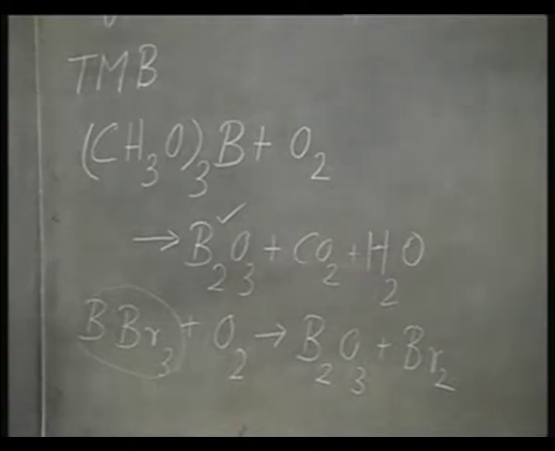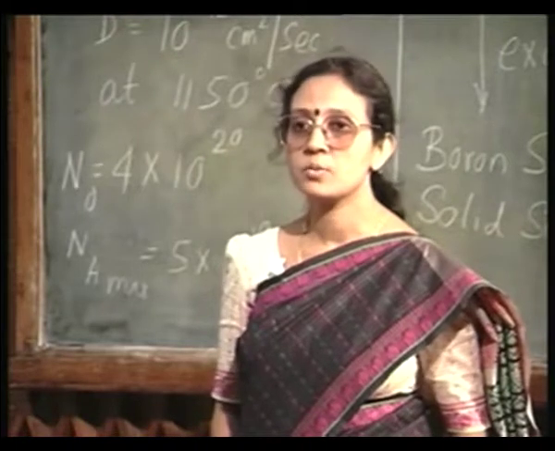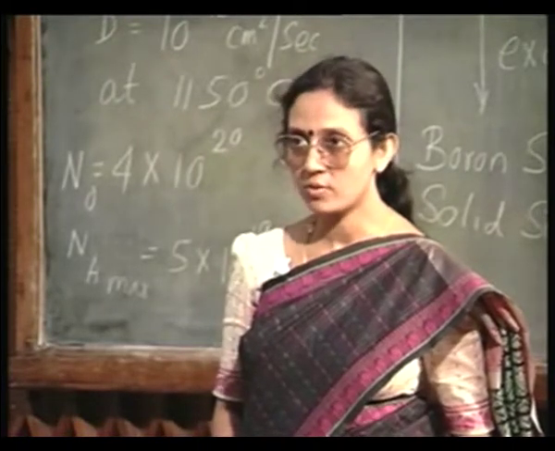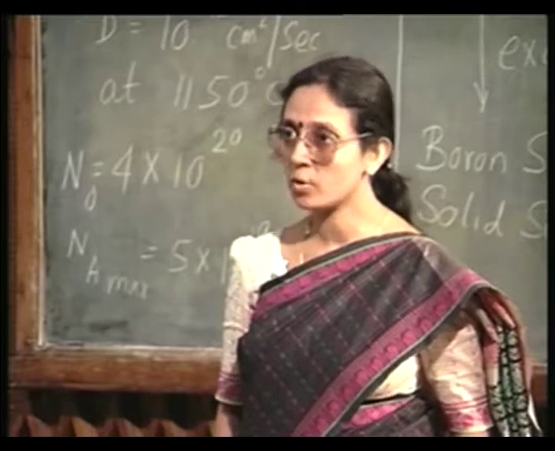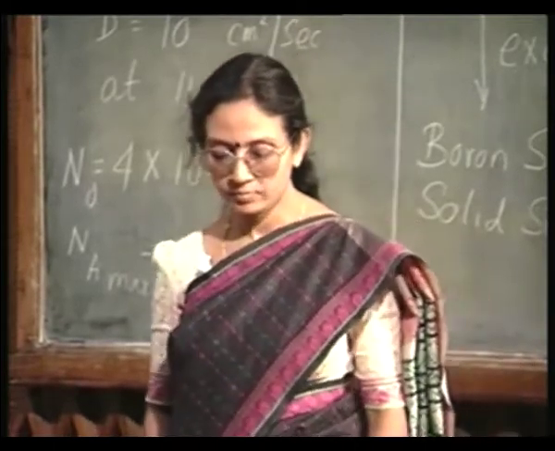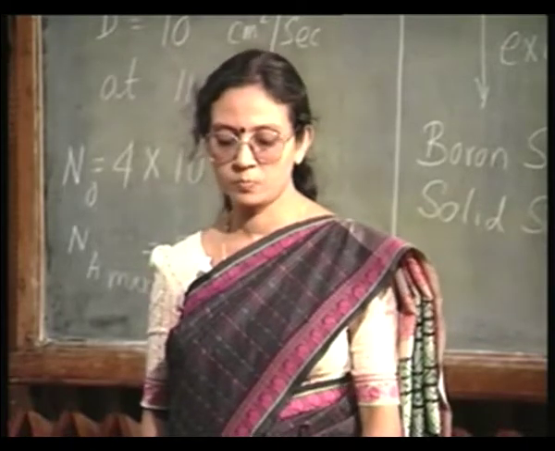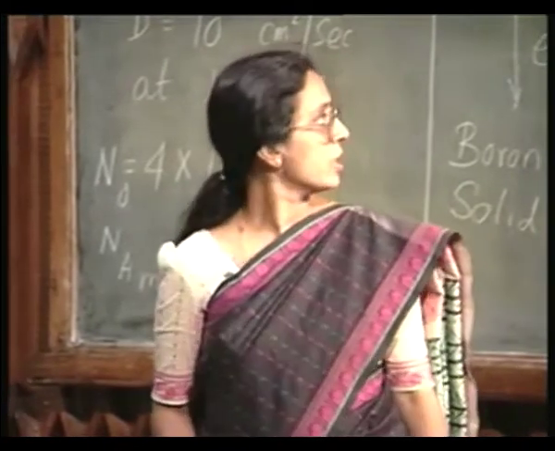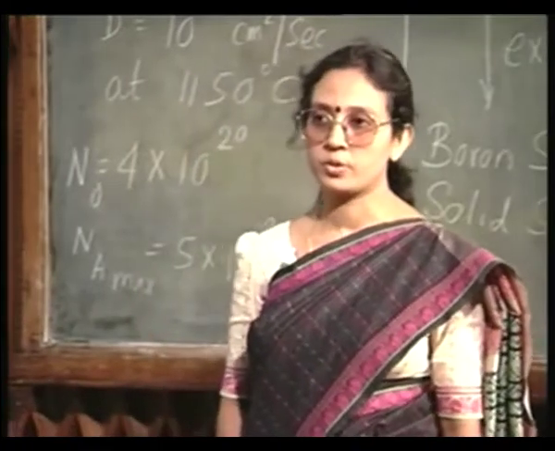But there is an advantage also. In small quantities halogens will act as gettering agents. You have seen this for chlorine. Similarly, bromine can also be used for gettering. So, this is about the solid and liquid sources.